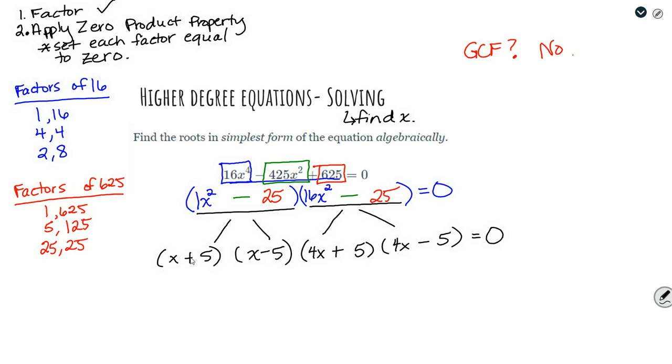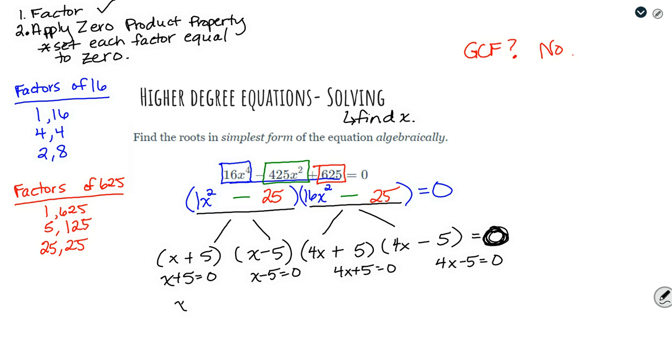So if we're trying to find all the possibilities of x, then we set every single factor equal to 0 to figure out what x could be. So we'll say x plus 5 equals 0, x minus 5 equals 0, 4x plus 5 equals 0, and 4x minus 5 equals 0. But it's really important for this to work, you have to have it equal 0 over here. So make sure you make that equal 0 first.